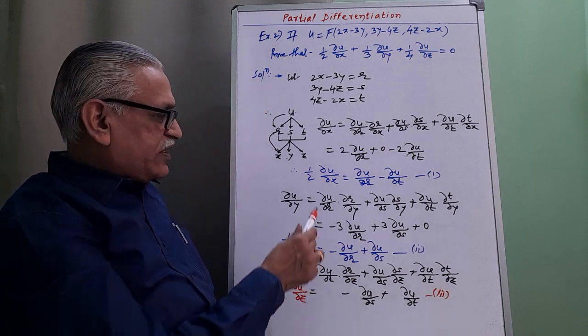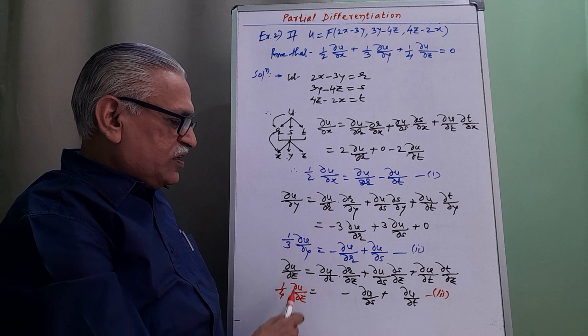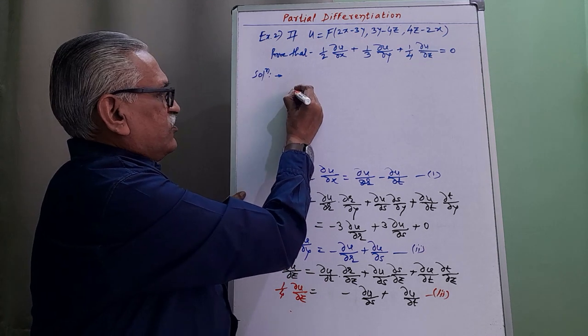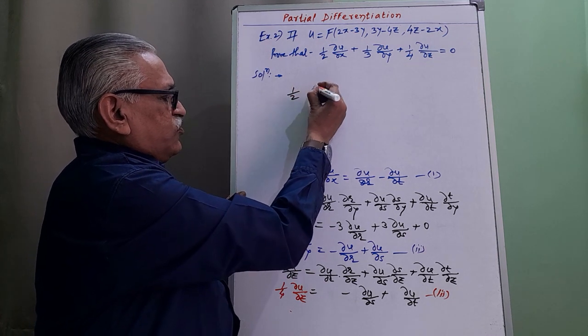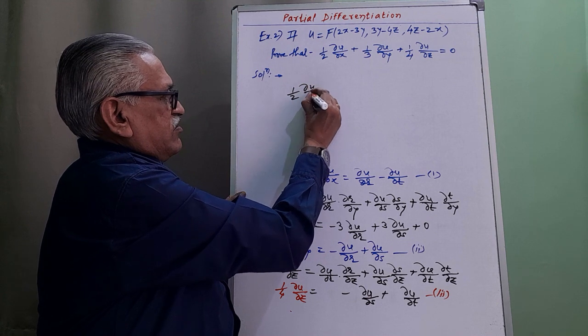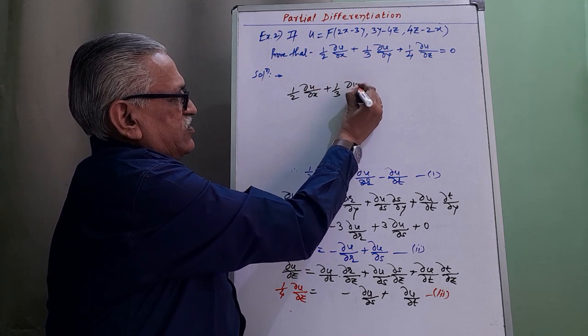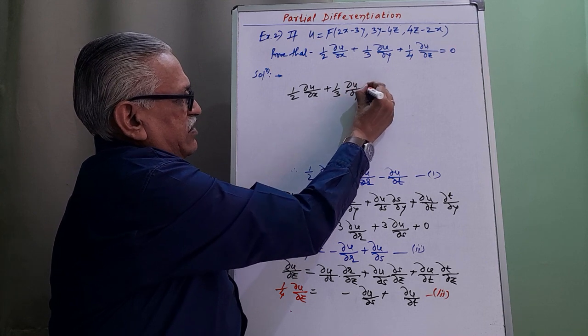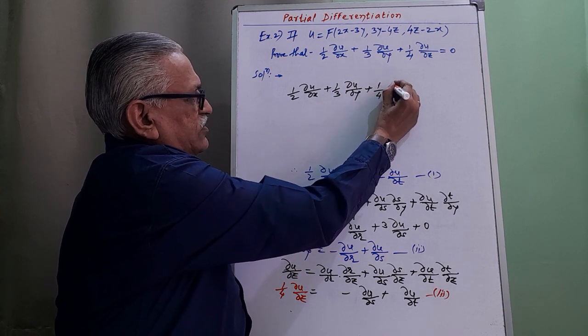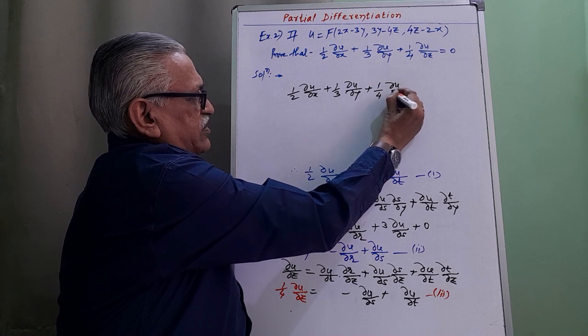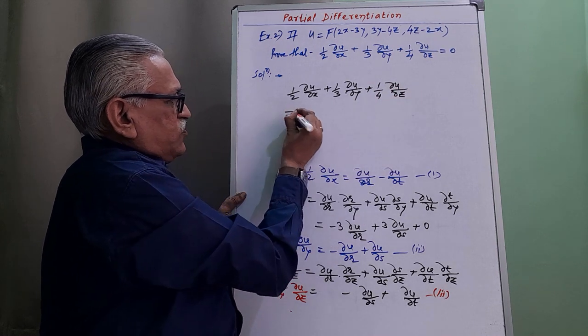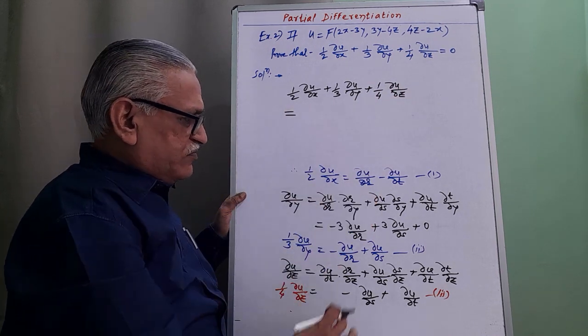And then we have to take the addition of equations 1, 2 and 3. Therefore we have 1 by 2 times dou u by dou x plus 1 by 3 times dou u by dou y plus 1 by 4 times dou u by dou z is equal to the addition of the right hand side terms.